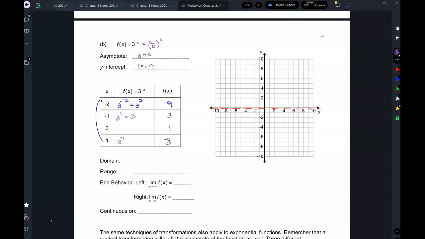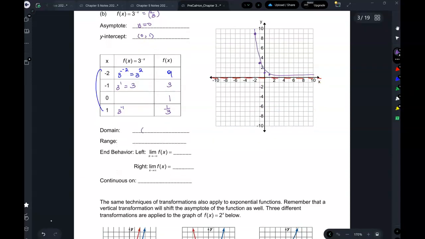At -2, we're at 9, then 3, then 1, then 1/3. You see, beautifully decaying. Domain is still all reals, and the range is 0 to infinity. As x approaches negative infinity, this goes to positive infinity, and then to 0, and it's continuous everywhere.